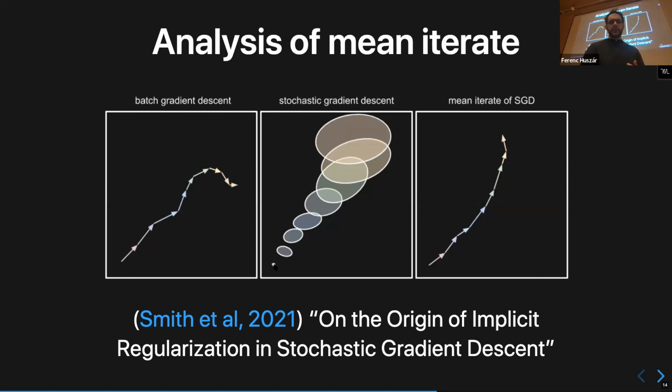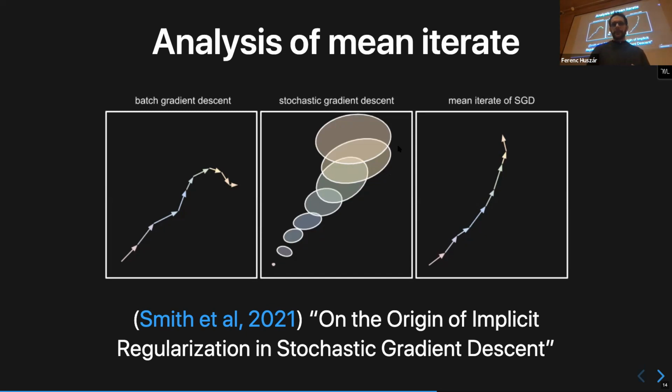If you start from this location here, after the first step, because you follow the random mini batch gradient, you will end up at a random location. And from that random location, you step in another random direction. The more steps you take, the more random it is where you end up. So this is a very difficult process to understand because it's a stochastic process.